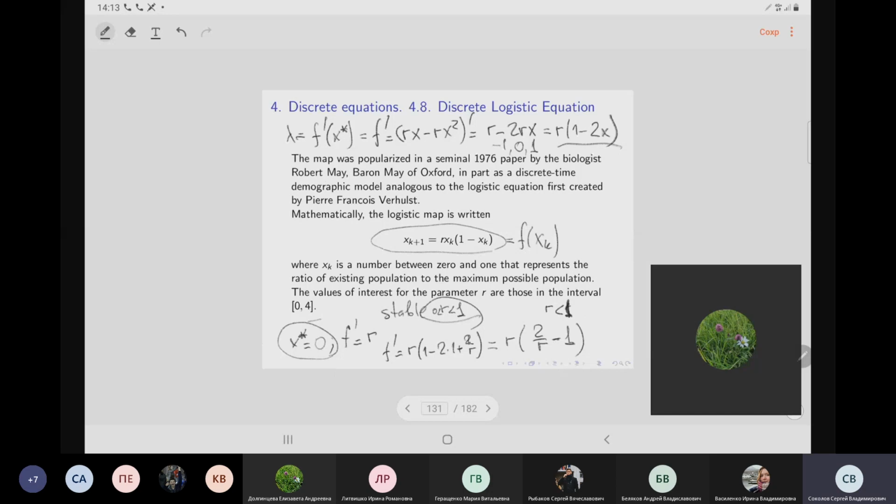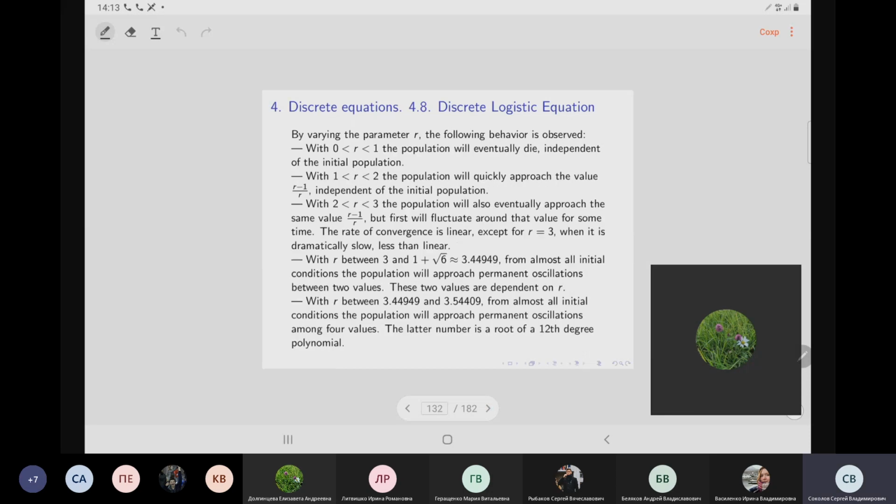And we compare it with -1, 0, and 1. So far, for our non-trivial equilibrium, we get the following results. The first one we have seen: with r from 0 to 1, the population will eventually die, and it does not depend on the initial population.